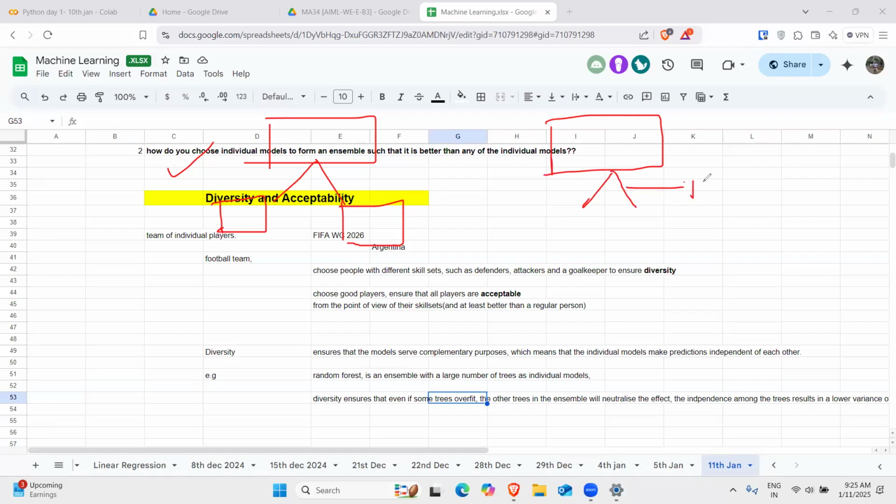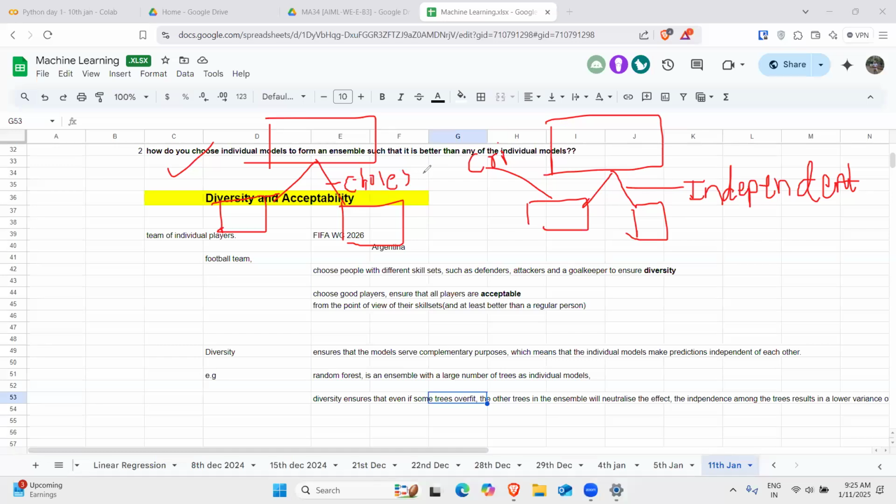It will be totally independent, meaning you will have different trees or different splitting on different criteria. For example, let's take the scenario where we are predicting whether a person will have heart disease or not. Here, let's say we are splitting on cholesterol level. It should be greater than 230, something like that.